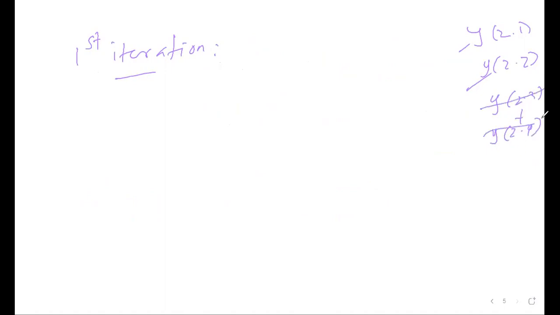So first iteration, where you have to put i equal to 0. Then this star equation, I hope you have that in your notes. Just check whether I am putting correctly. If you put i equal to 0 in that star equation, you will have y1 equal to y naught plus h times x naught squared.